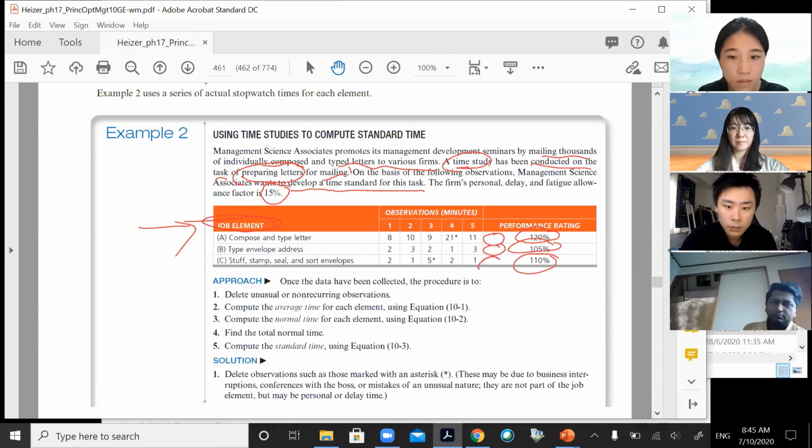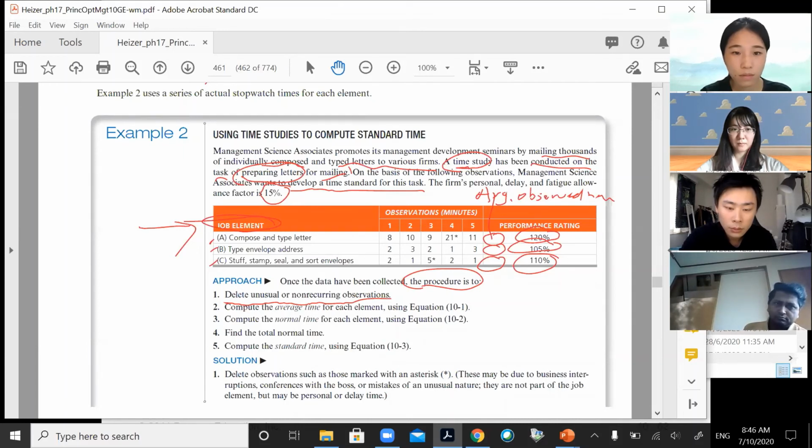So we need to find the average observed time for each element. Element A, element B, element C. But before that, this is also very important to recognize: delete unusual or non-recurring observations.